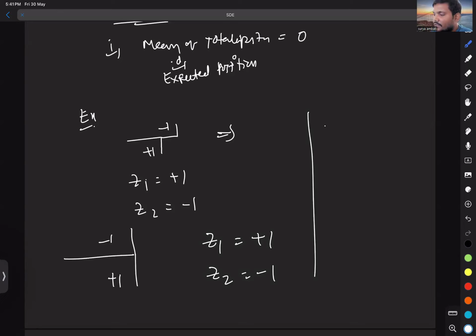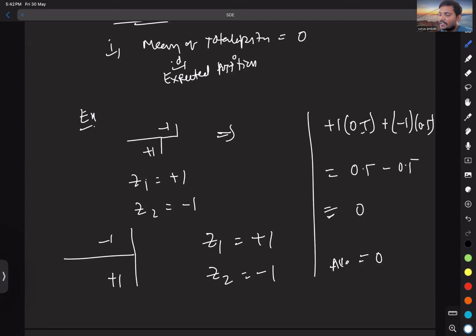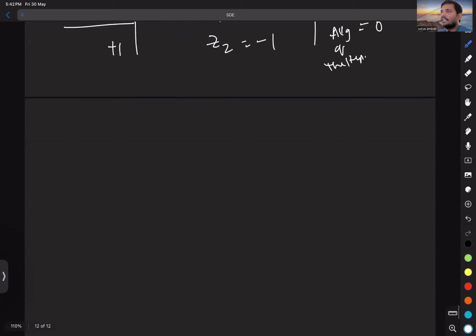So plus 1 into 0.5 plus minus 1 into 0.5, which is 0.5 minus 0.5, which becomes 0. So the average of these steps is always 0. Now we found the average.